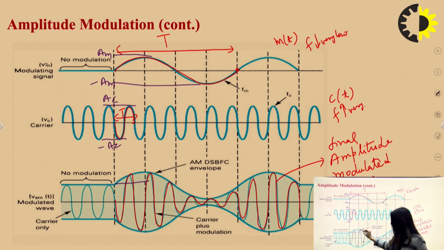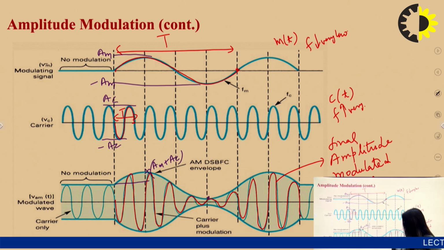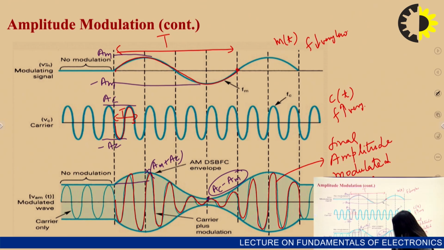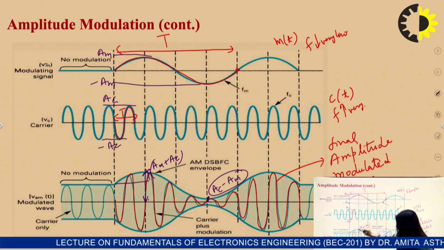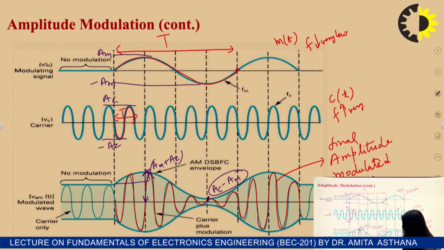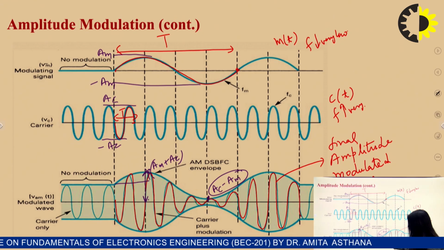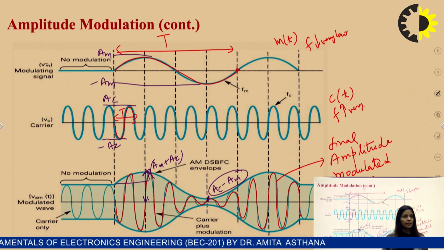Then this peak is Am plus Ac, and this bottom is Ac minus Am. So this particular distance is Ac minus Am, and this distance is Ac plus Am. The highest point of this waveform is Am plus Ac, and the lowest point of this waveform is Ac minus Am.